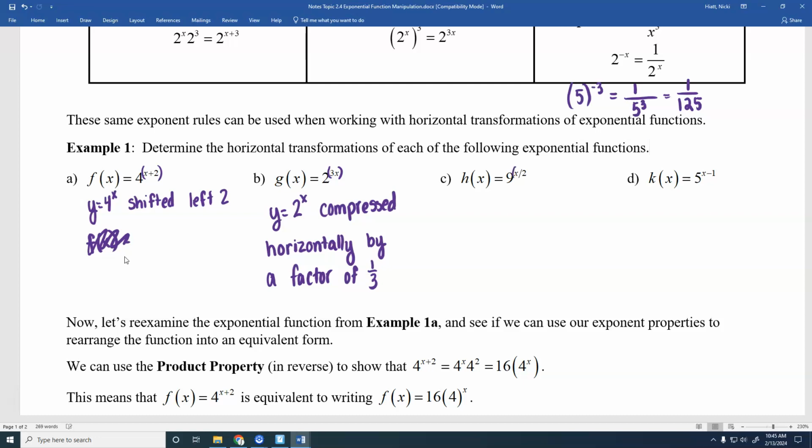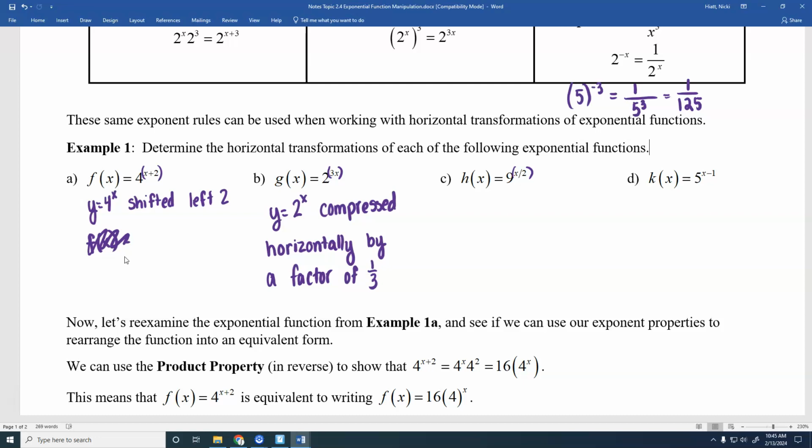All right, what about C? Dilated can be bigger or smaller, so it would be perfectly correct for him to say dilated.